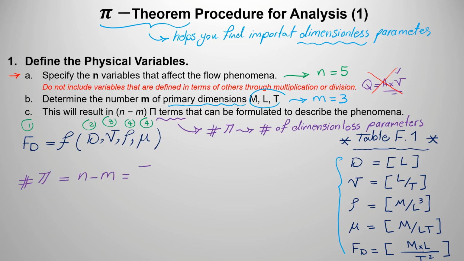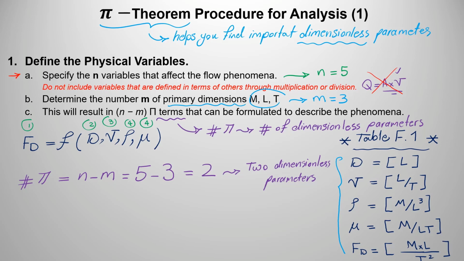So we have 5 total variables minus 3 primary dimensions. It would be 2. So we're going to have 2 dimensionless variables or parameters. All right, so we know that we're going to have 2.